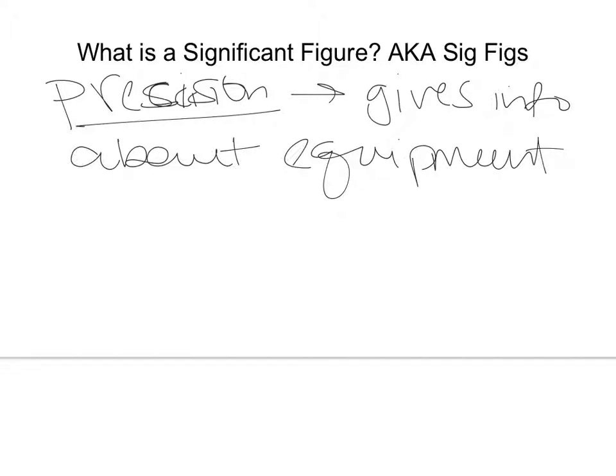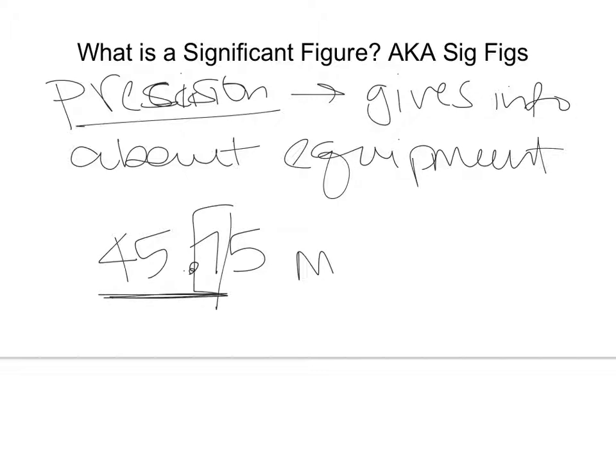So, for example, if I give you something that says, I measured the distance from here to the end of the classroom, and it was 45.75 meters. I have no idea if that's right. You can assume that whatever I used to measure, the meter stick, my feet, whatever it was, that it gave a tenth of a meter.